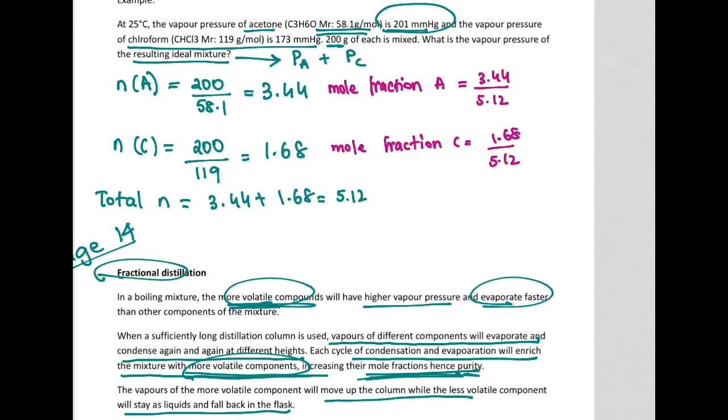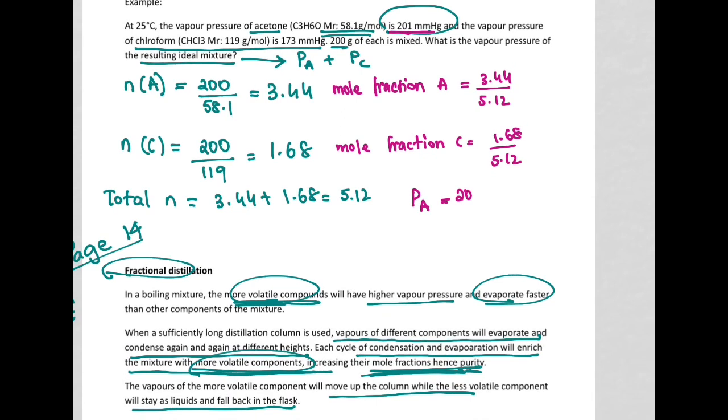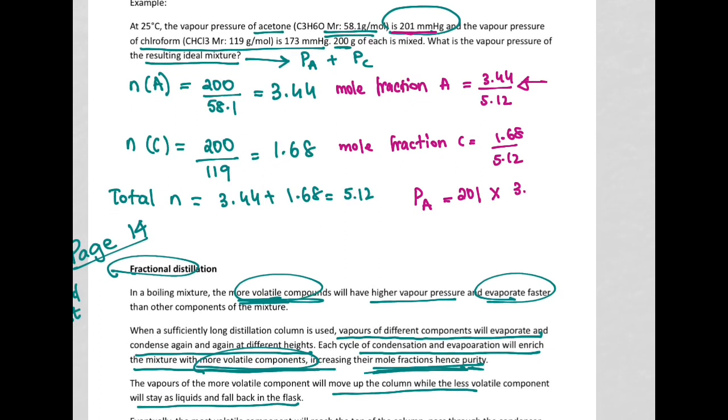And the vapor pressure of A would be the vapor pressure of pure A, which is 201, times the mole fraction of A, which is this. So you can calculate this.